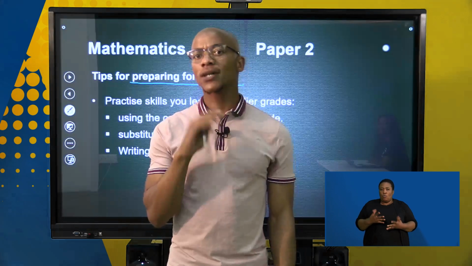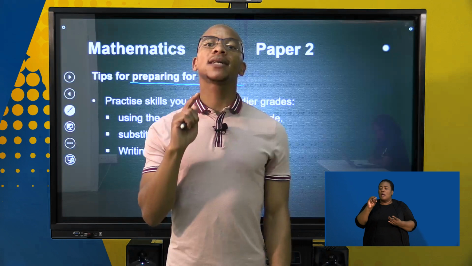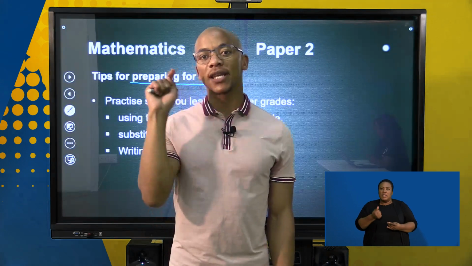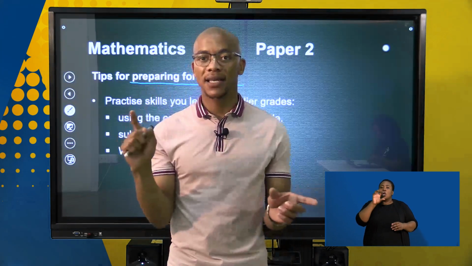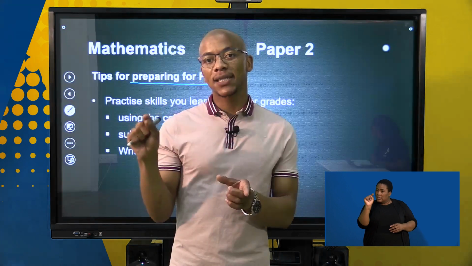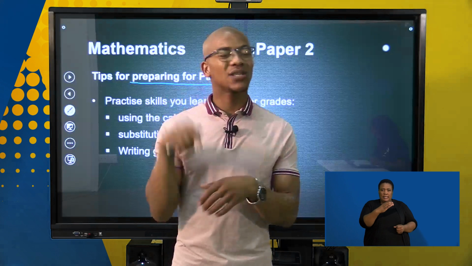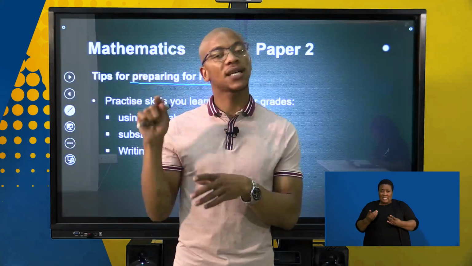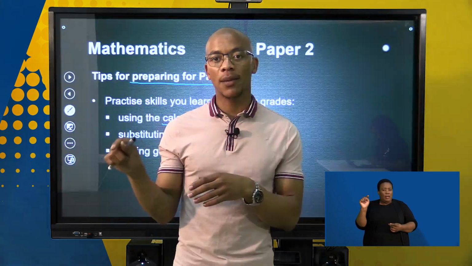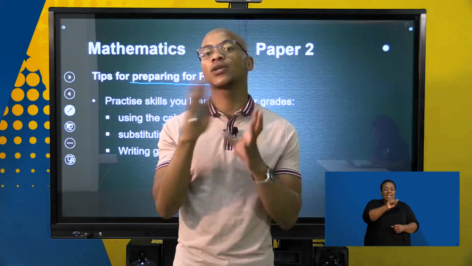And one thing I should caution you is, please refrain from using the on button when you want to clear the screen. Always use the AC, which means all clear. So if you are in stats mode, don't touch the on button.